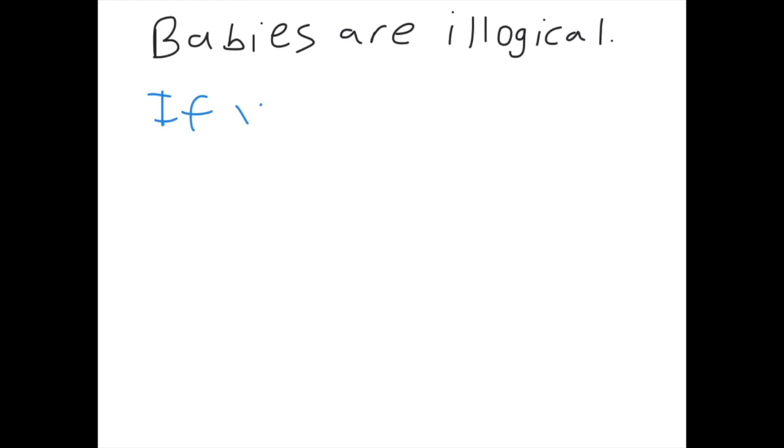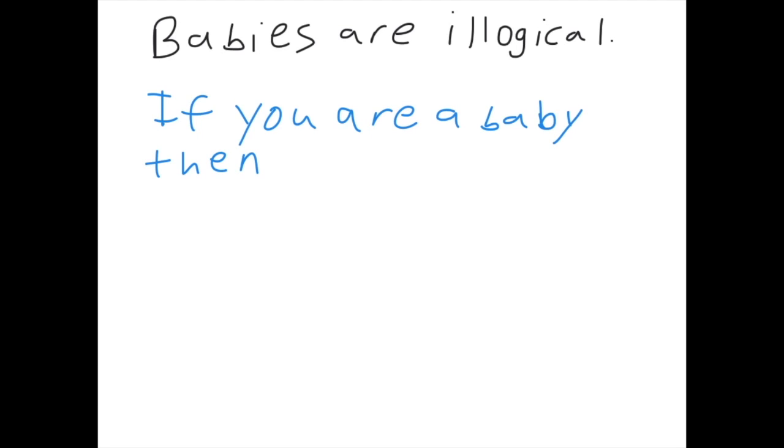So if you are a baby, after that we'll have a then, and then the other part. Babies are illogical. So if you are a baby, then you are illogical.